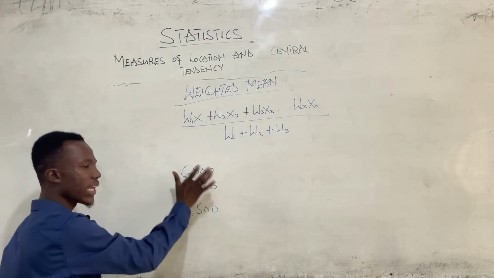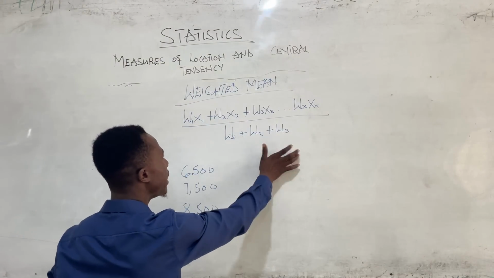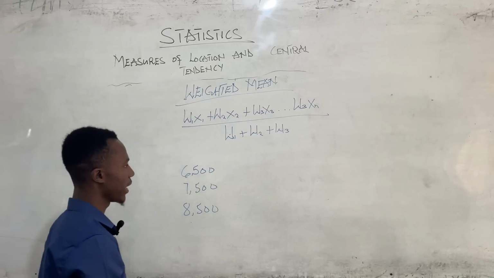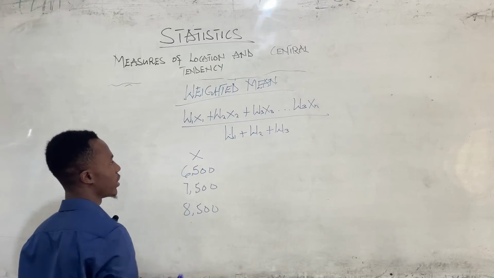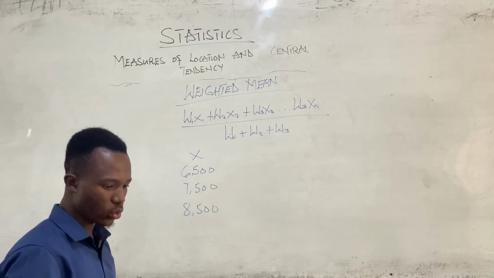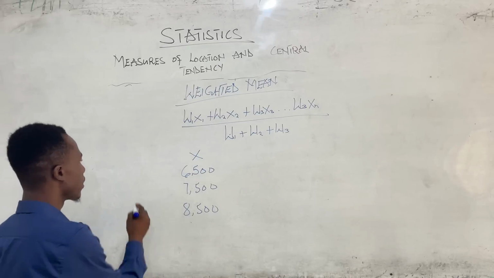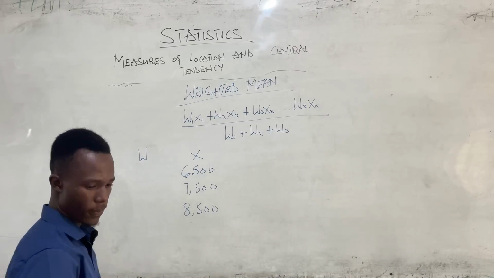So anything related to per hour is the average or mean, and that is X. So all these are X. Then they are saying there are 26 hourly employees. So the 26 here is the weight, and so we have W.